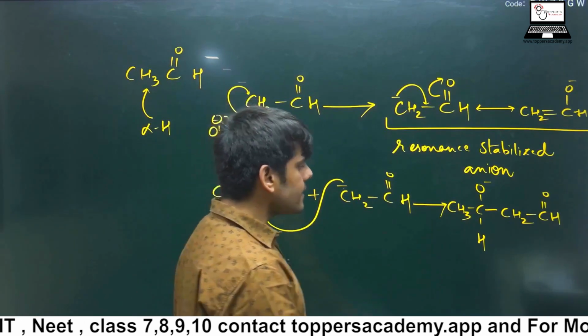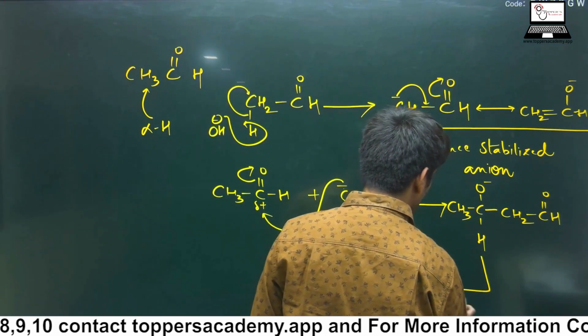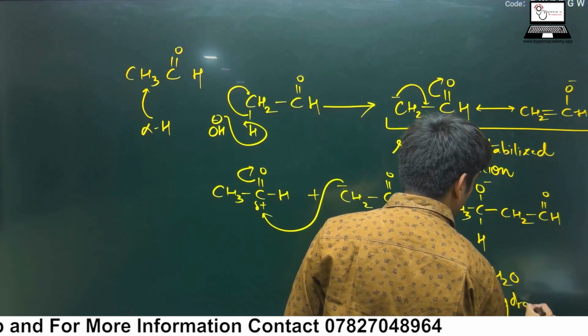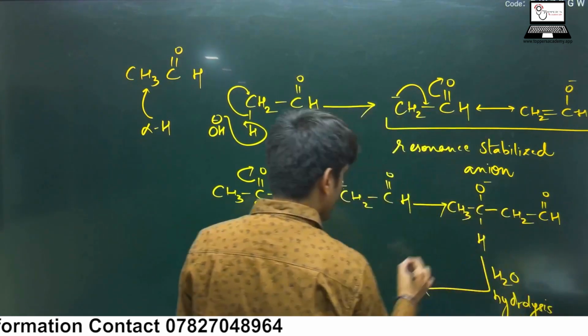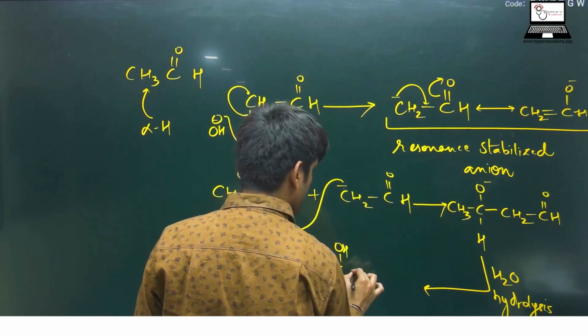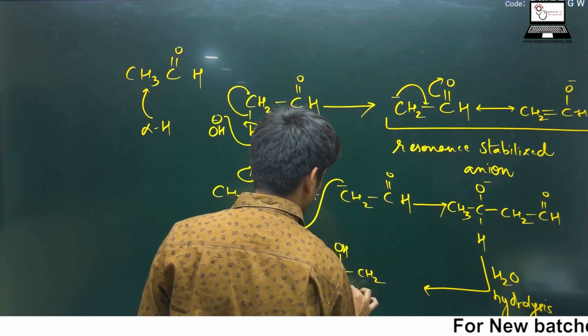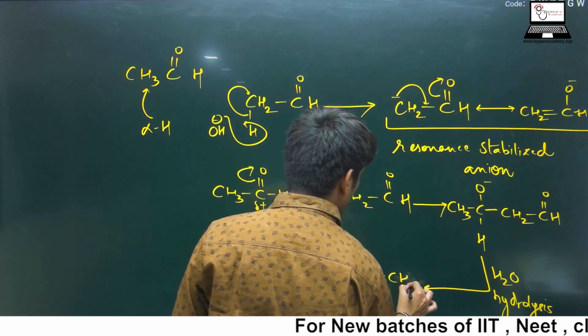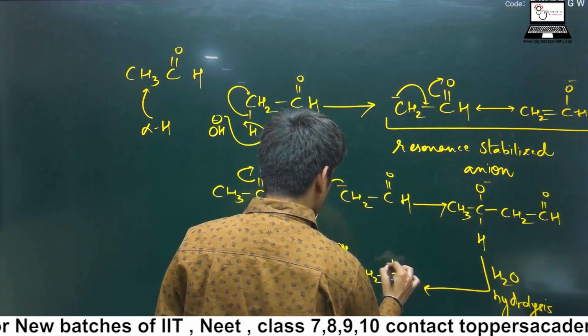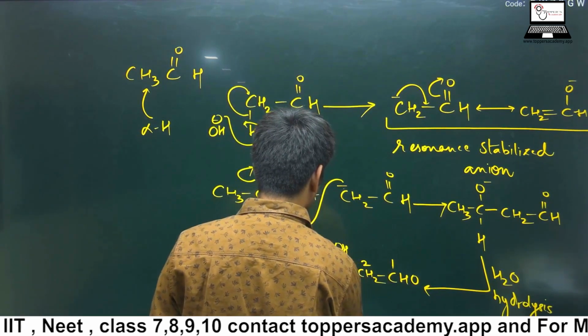Right? In the next step, I perform the hydrolysis. What do I have? I have CH3, CHOH, CH2, CHO. If you see carefully, this is your 1, 2, 3, 4.